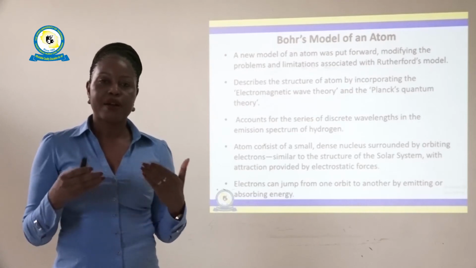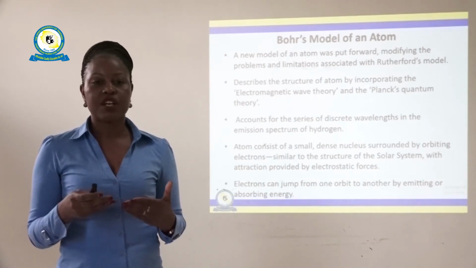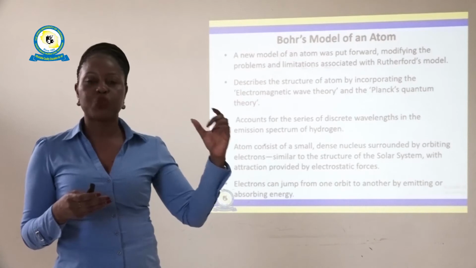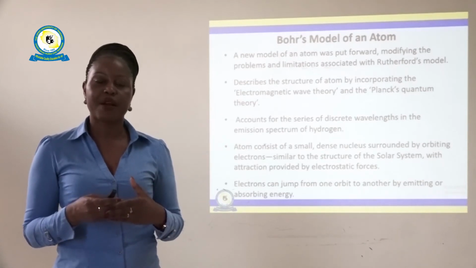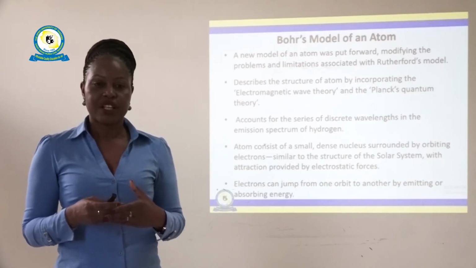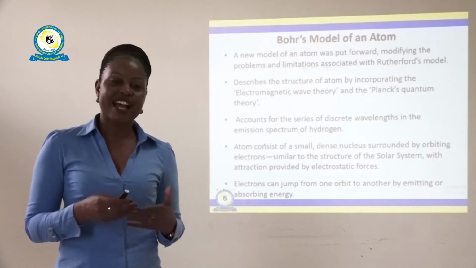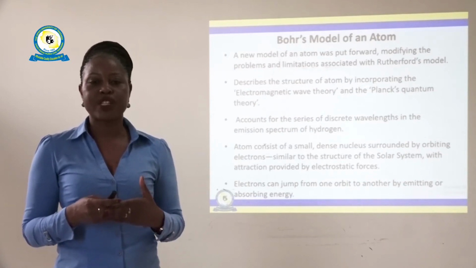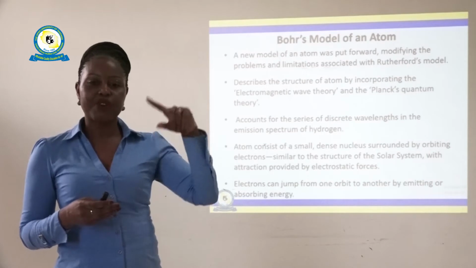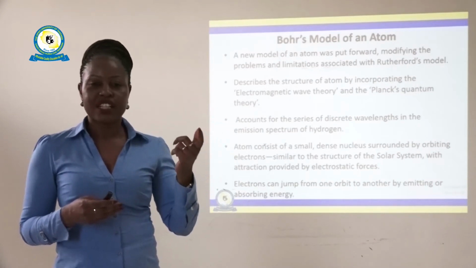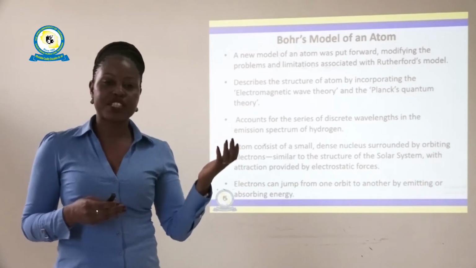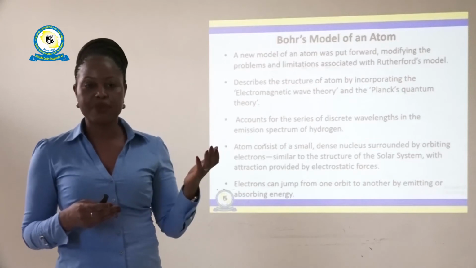And this new model accounts for the series of discrete wavelengths in the emission spectrum of hydrogen. And it agrees that the atom really consists of a small, dense nucleus surrounded by orbiting electrons, similar to the structure of the solar system.